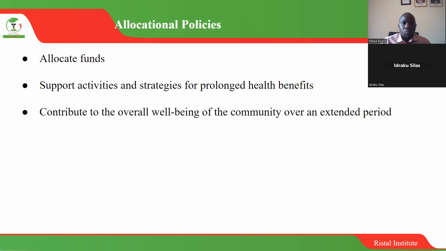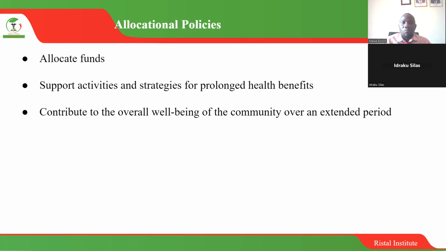And then we have allocational policies. This one basically deals with allocation of funds, okay? For any intervention, or we can say for public health interventions that improve the welfare or the well-being of communities, then you can have the government allocating more resources to that area.